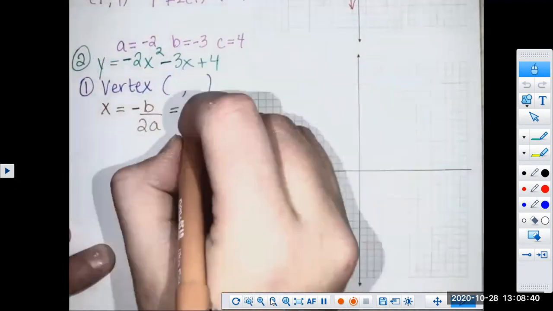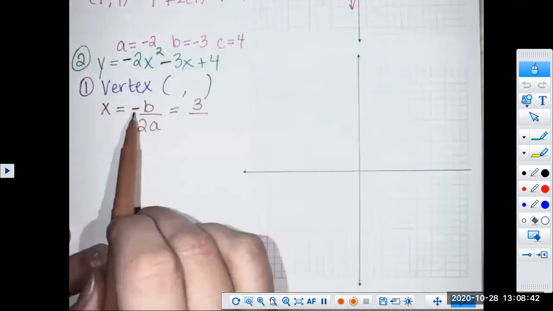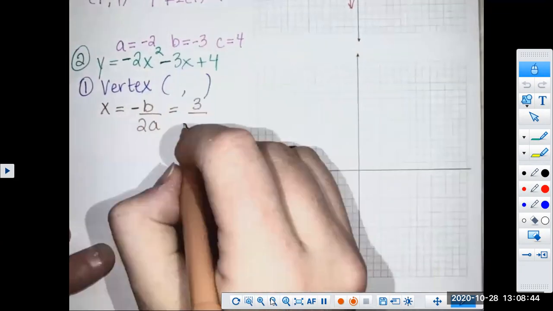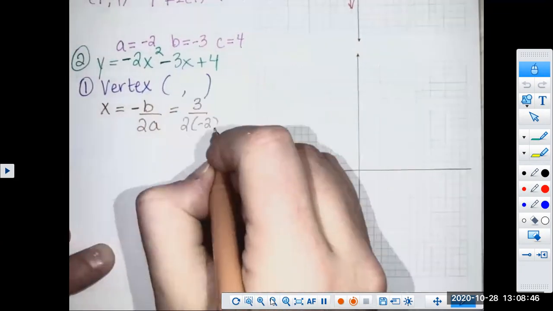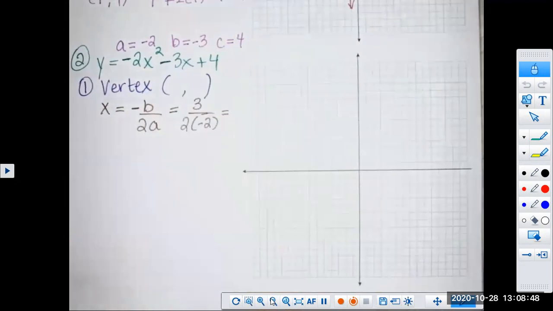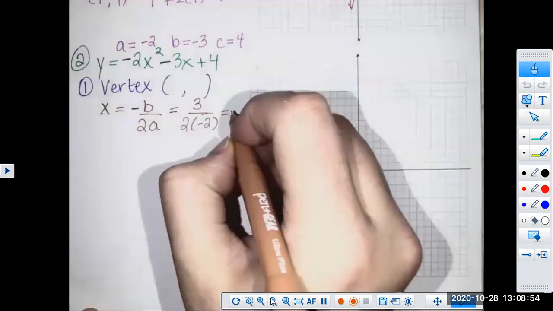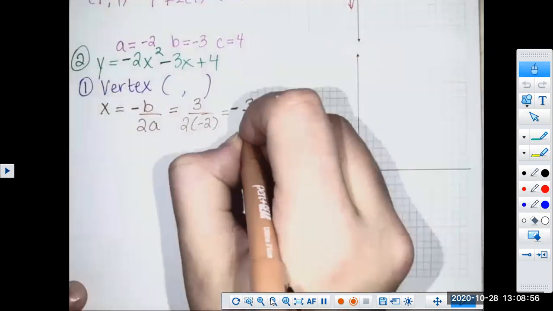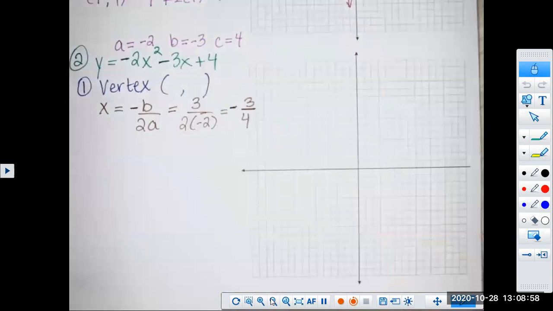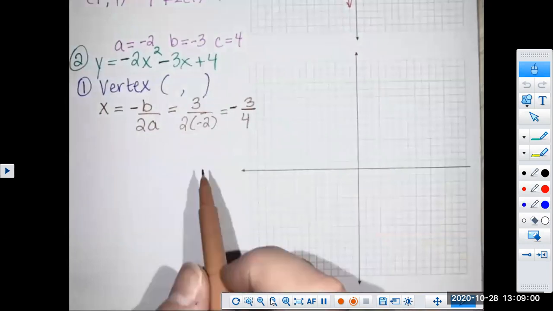So we have negative negatives will make positive. What does this give you? You get negative 3/4. So that's gross. Woohoo.